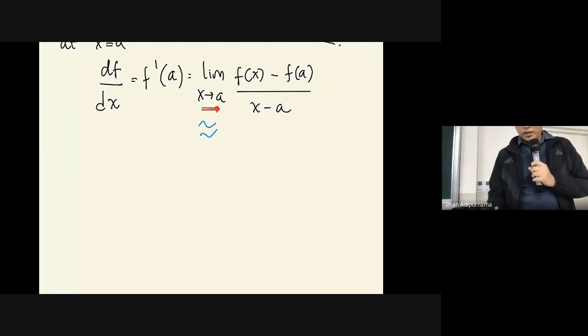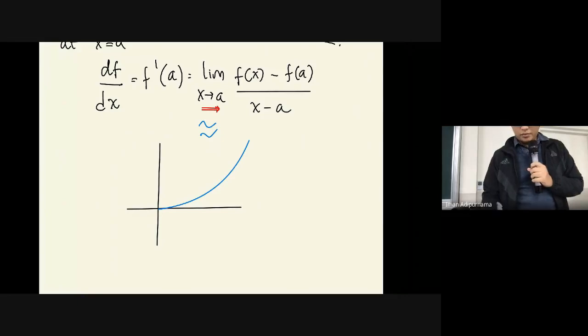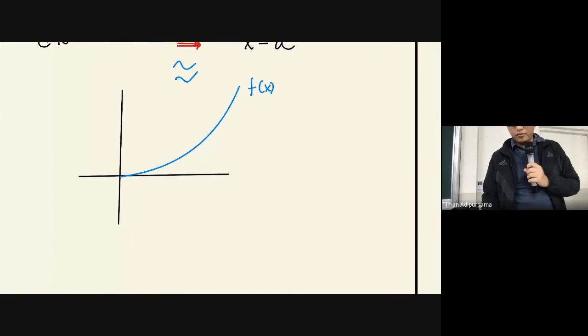So what we are doing is, let this be the curve of the function, just make it f of x. Maybe it will be clearer if I want to calculate some x here.